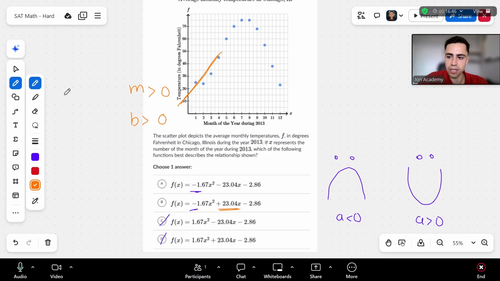Otherwise, it would be something like this, crossing the y-axis negatively at X equal to 0. But in this case, it's crossing with a positive slope. Therefore, it's gonna be B, the correct answer here.